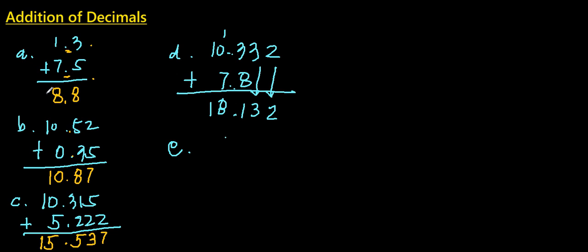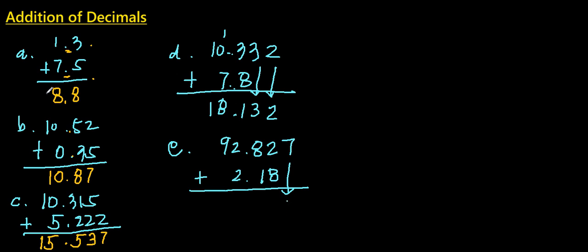Let's try another example. 92.827 plus 2.18. Again, we just have to bring down the number without the adjacent or consecutive number. 7.